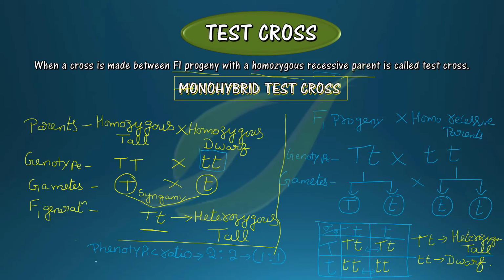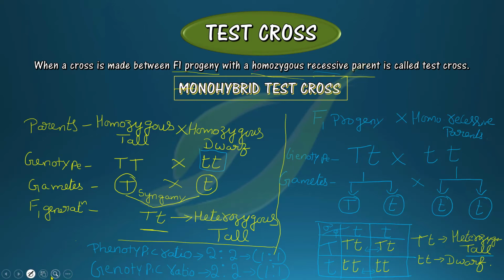And now coming to the genotypic ratio. What are the genes present here? For tall you are having capital T, small t, and for the other you have small t, twice. Both are of the same type, so it is also 2 and 2, reduced to 1:1.